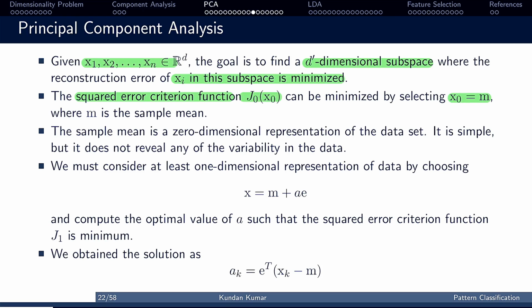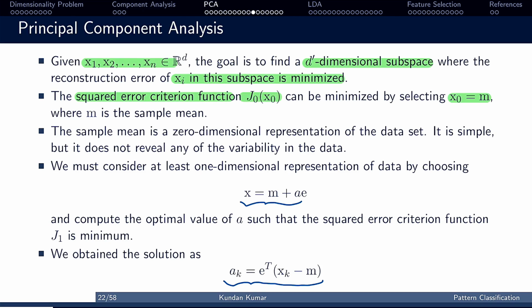As we know, the sample mean does not reveal any variability in the data. So, we defined a one-dimensional representation of data as x equal to m plus a e, and computed the optimal value of a such that the squared error criterion function J1 is minimized, and that value was ak equal to e transpose (xk minus m).